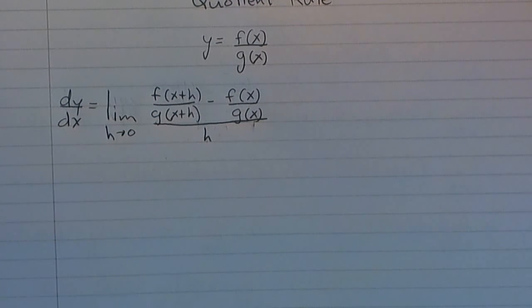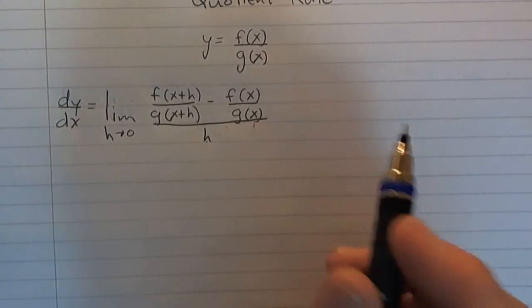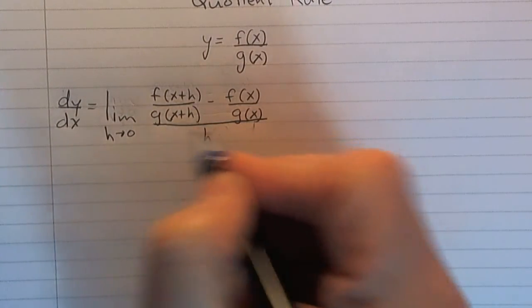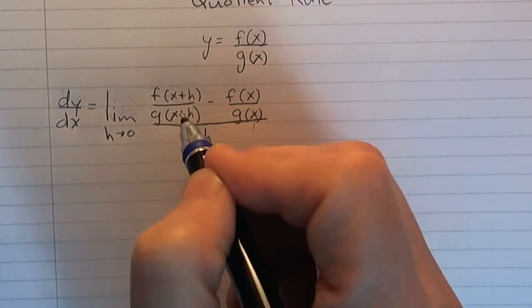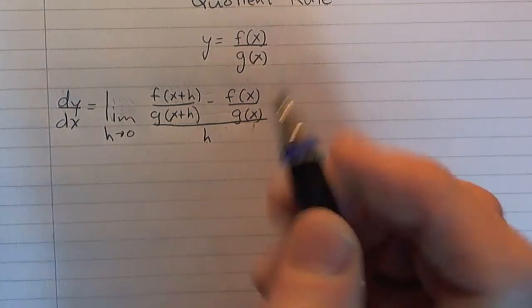Now that's the difference quotient. So that right there, that's the derivative. But we need to simplify it, see if we can come up with a formula.